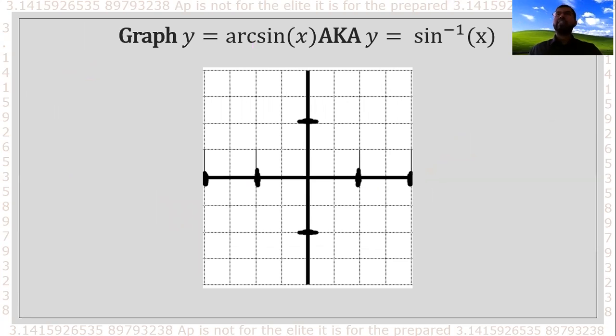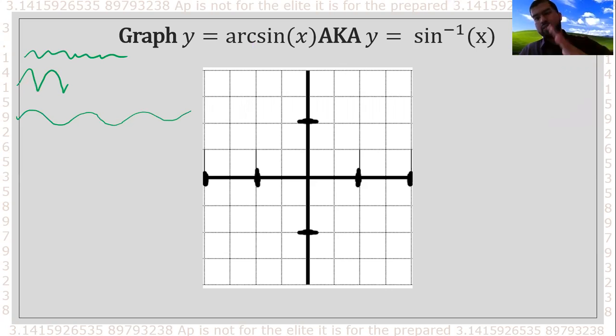So then how does this affect us when we're looking at arcsine? Well, keep in mind, we just saw that sine is a horizontal wavy sinusoidal function that is just doing this sort of pattern.